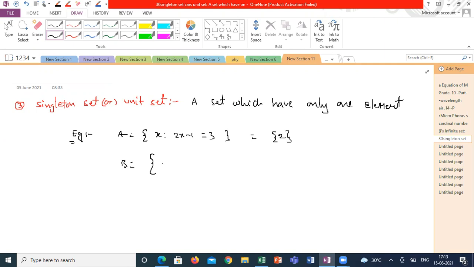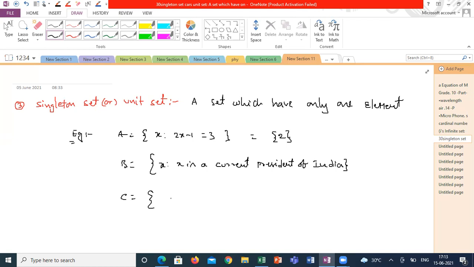Next, you can give many. {x : x is the current president of India}. At a time, two presidents cannot exist for any country, correct?